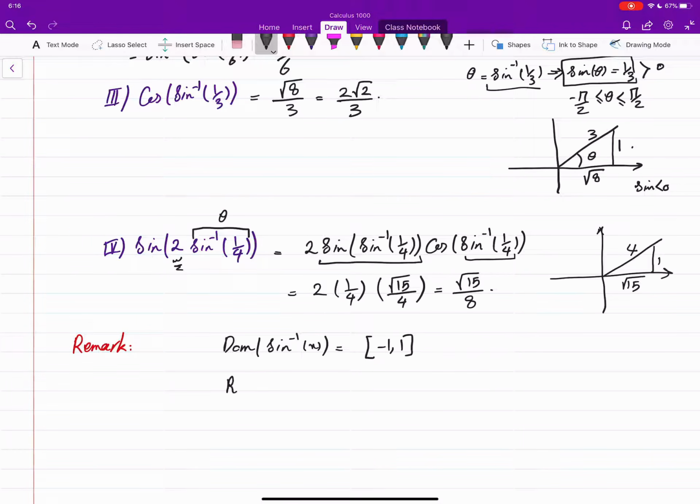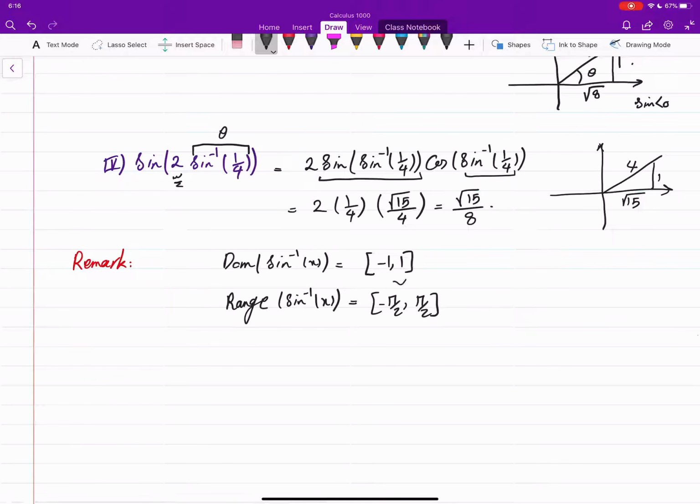And the range of sine inverse is the restricted domain of sine, which is -π/2 and π/2. Well, especially the first one, you may be able to combine that and find domain of more general function.